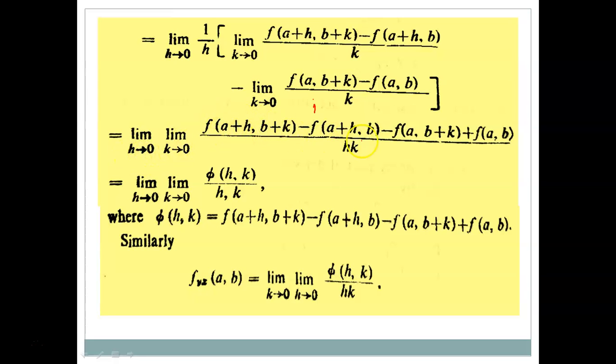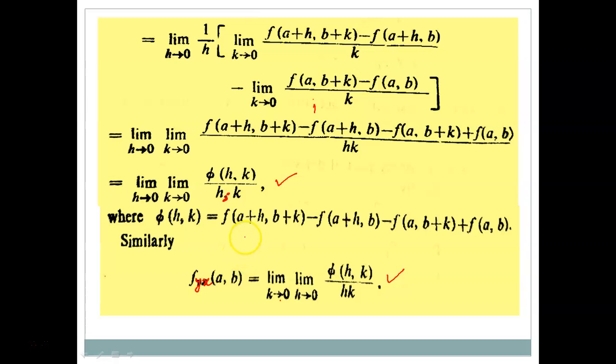The whole expression in the numerator can be written as phi of (h, k), and in the denominator this is h into k, where phi(h, k) equals this quantity, and limit h tends to 0 and k tends to 0. Similarly, when we find fyx, it gives you limit k tending to 0, h tending to 0. That means this one and this one are both the same expression, but with a change in the order of the limits.